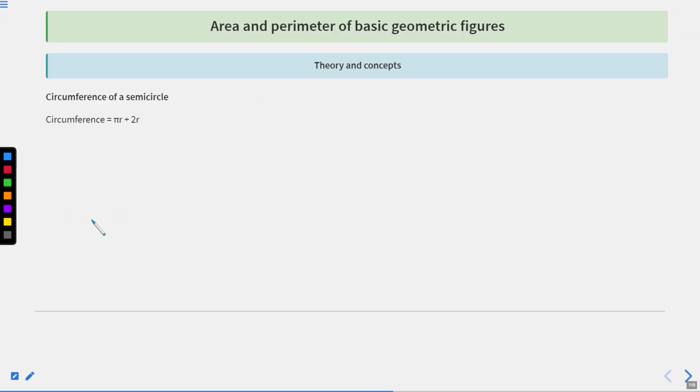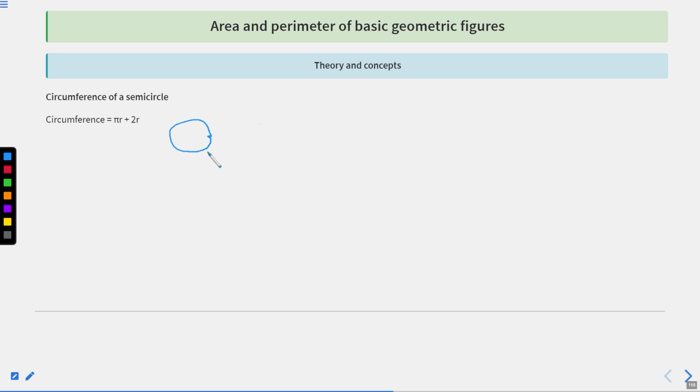What is the circumference of a semicircle? Earlier we had 2 pi r, correct? That's the distance: I started from this point, kept moving and reached back.